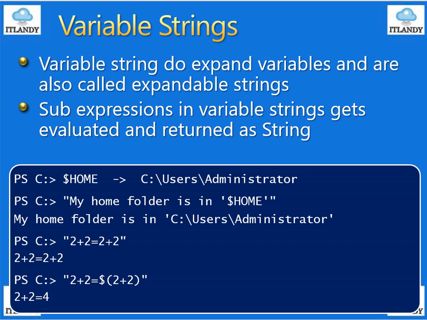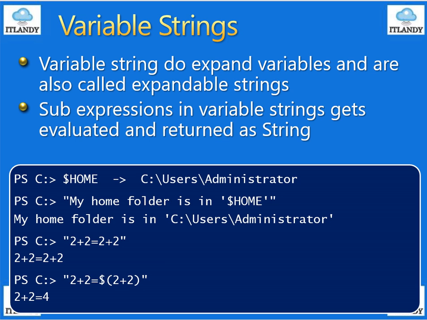Variable strings. Variable strings expand variables and are also called expandable strings. A sub-expression in a variable string gets evaluated and returned as a string, as you can see in the example. In addition, it is expandable, and to be able to expand the context allows for sub-expressions.